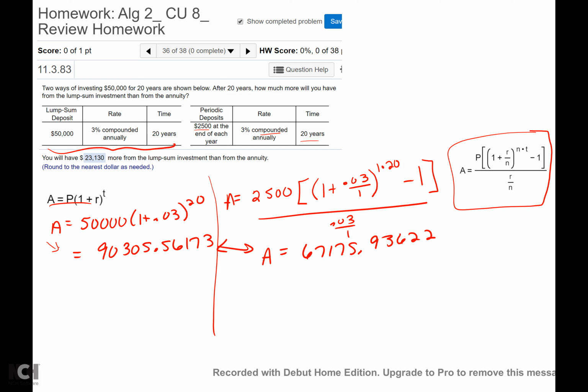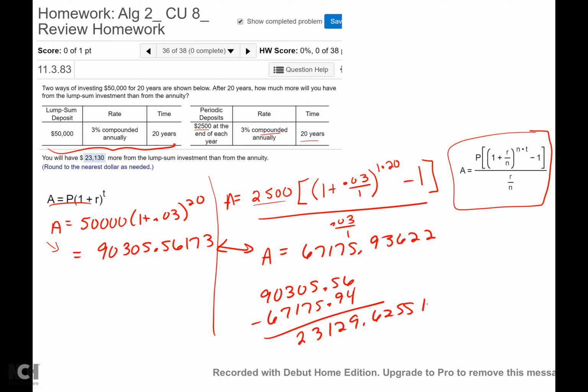If I take the difference of these two, obviously you're going to get more money if you put it all in at once instead of breaking it up into $2,500 deposits. So I take 90,305.56 minus 67,175.9362, and you get 23,129.62551, and it says round to the nearest dollar.